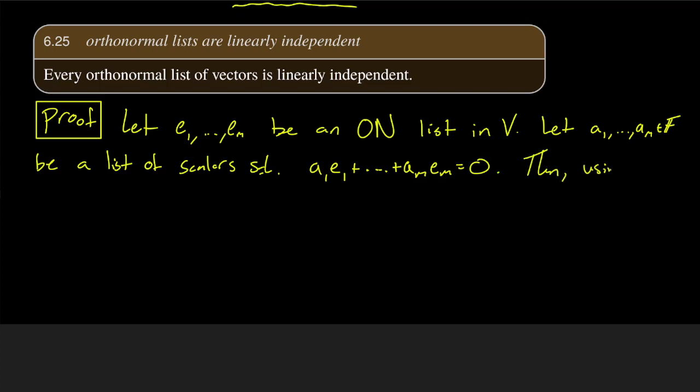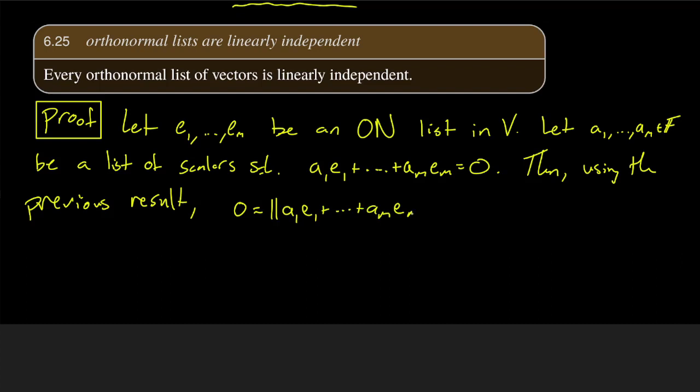Then, using the previous result, we have that 0 is equal to the norm of A1 E1 plus ... plus AM EM squared, certainly. Okay, but we know that that is equal to the modulus of A1 squared plus the modulus of A2 squared all the way down to the modulus of AM squared.